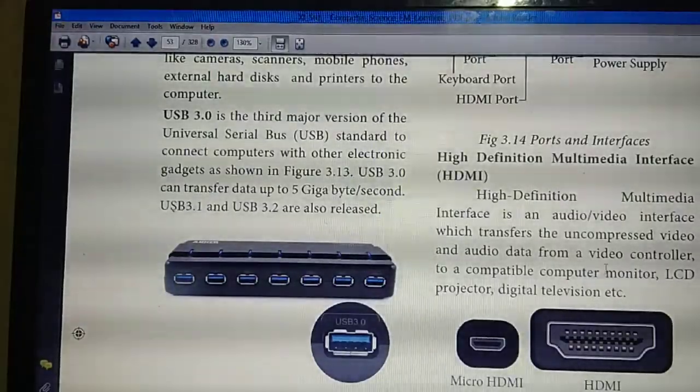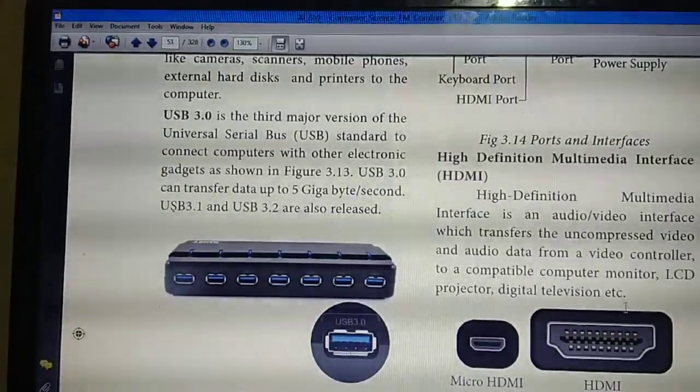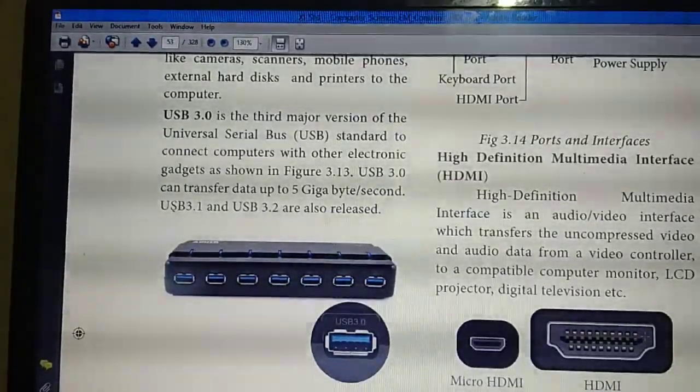If it is possible, you should study and write; otherwise leave it, only the heading is enough. From there to here, digital television. Understand?